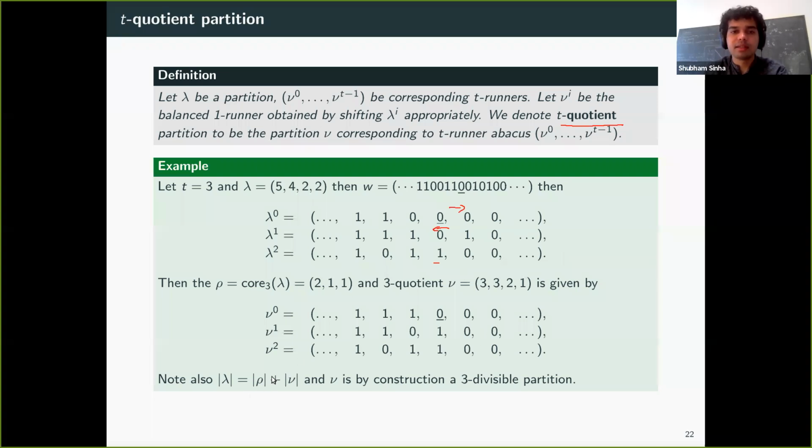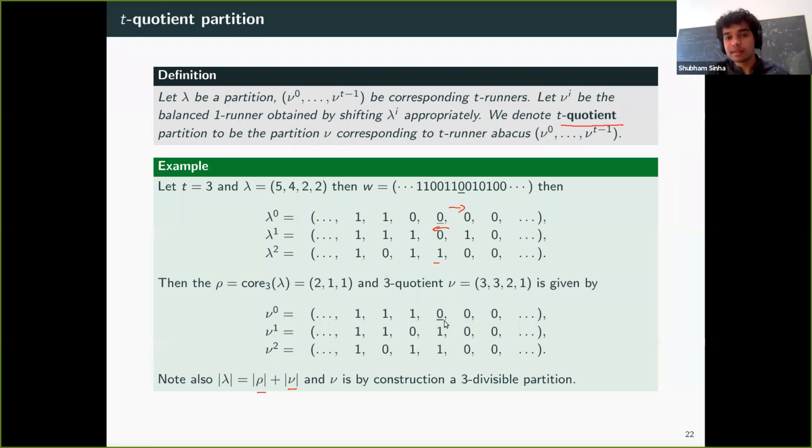One note is that given the T quotient and the T core, the T core tells you how much you shift, and the T quotient describes precisely the shape of each row, like how the abacus of lambda looks. So it's clearly a bijection between the T core and a T quotient.